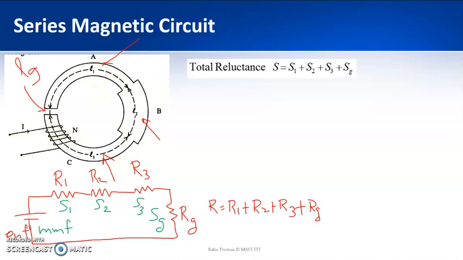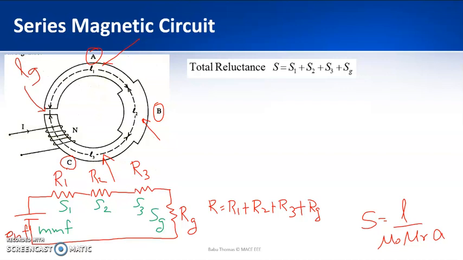We already know the equation for reluctance is S is equal to L divided by mu 0 mu r into A. Now here the lengths are different. For section A it is L1, section B it is L2, section C it is L3, and for the air gap it is Lg.